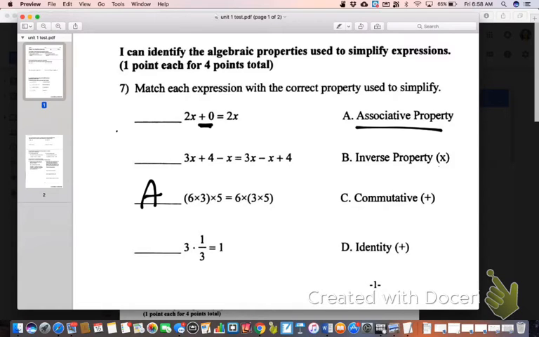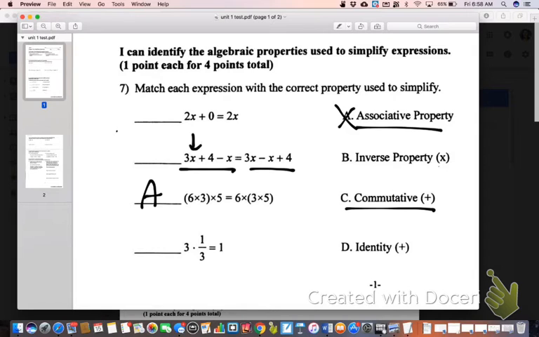Okay, whenever you're adding 0, so I know it's not associative. I know that the first one is not the inverse property because it's multiplication. So it's got to be either C or D because these are the only two that involve adding, and clearly I'm adding here. Commutative property is just like I've said before, when your parents commute to work, you are going in different directions, like your direction changes, but your distance is still the same. Commutative is right here.